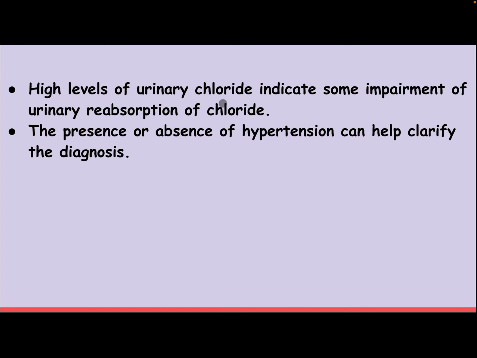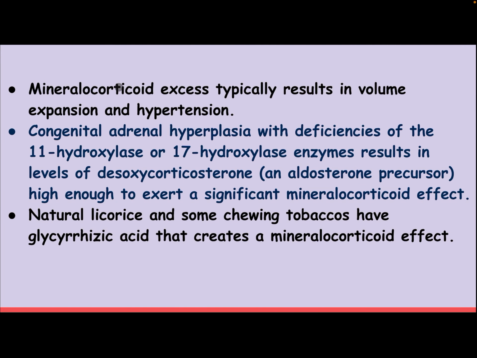High level of urinary chloride indicates some impairment of renal reabsorption of chloride. The presence or absence of hypertension can help clarify the diagnosis. Mineralocorticoid excess typically results in volume expansion and hypertension.